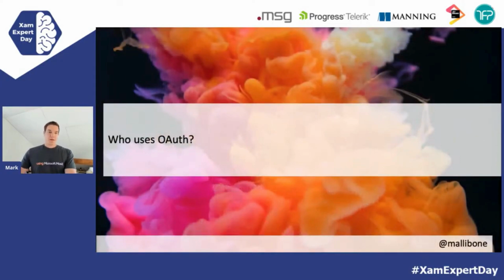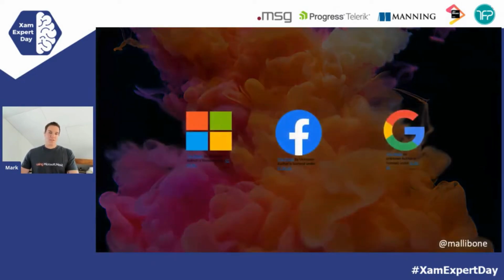Now, another thing that you might want to know is who actually even uses this OAuth thingy. And well, it's these three. Now, there's actually a lot more companies that are using it. You might have seen, when you log into Microsoft Office or Outlook, or even Visual Studio, you're always greeted with the same login dialog. And that is mainly because they always use the same identity service in the background to authenticate you.